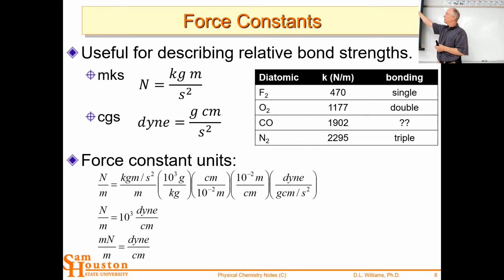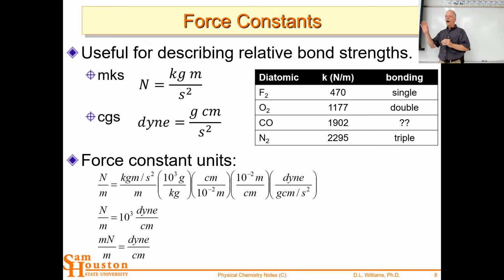And so those two definitions up there, again, F equals ma, so force is mass times acceleration. The mass can be kilograms or grams, and acceleration is meters per second squared or centimeters per second squared. And so a dyne is a force in the CGS system, and a newton is a force in the MKS system. The reason I bring this up now is because you will see in tables the force constant in millidynes per angstrom or dynes per centimeter or millinewtons per meter.